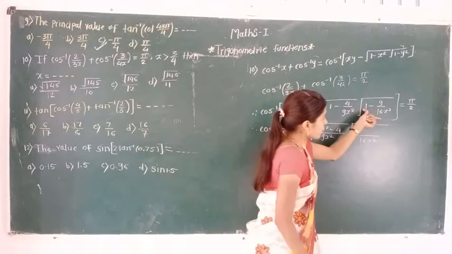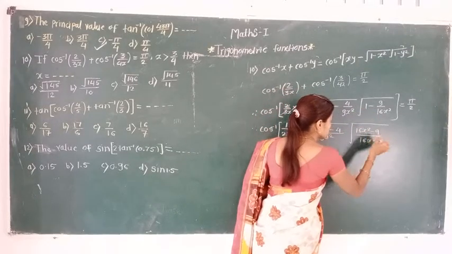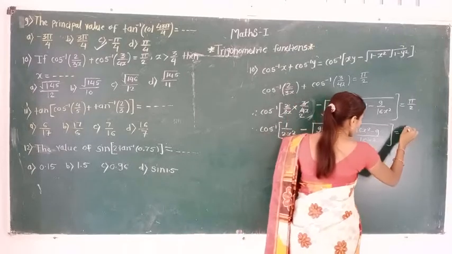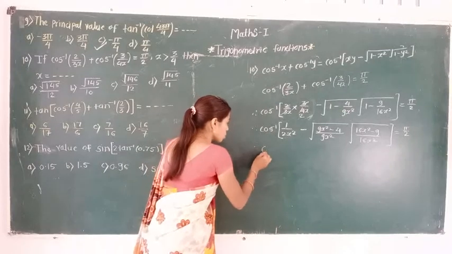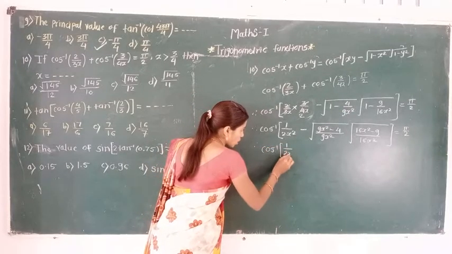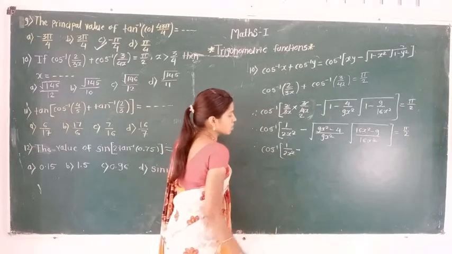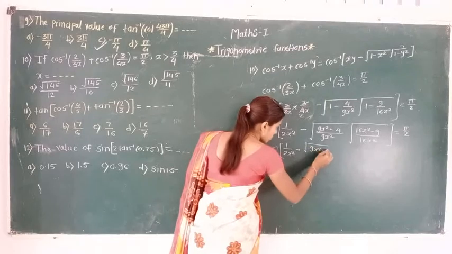Take a cross multiplication of these two terms, 16x square minus 9, is equal to pi divided by 2. Okay. Now take cos inverse of the bracket 1 by 2x square minus root of 9x square minus 4.